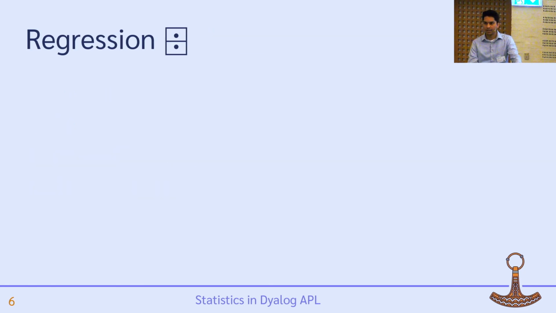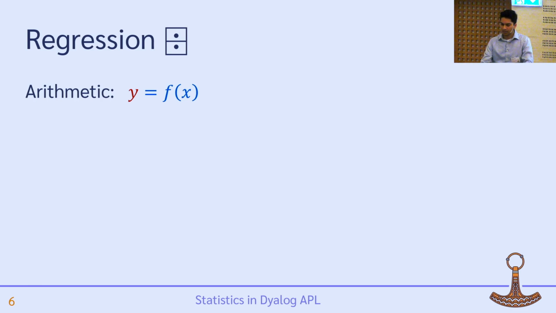And one of the hottest topics right now in data science is regression, which is something that's been in APL for a while now, but it's seeing a big comeback. One way to explain this: when you first start learning, you have a function in x and you're trying to solve. In school you learn to solve for y with the function in x values.